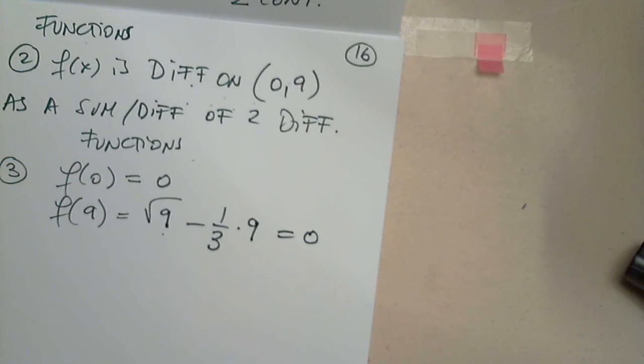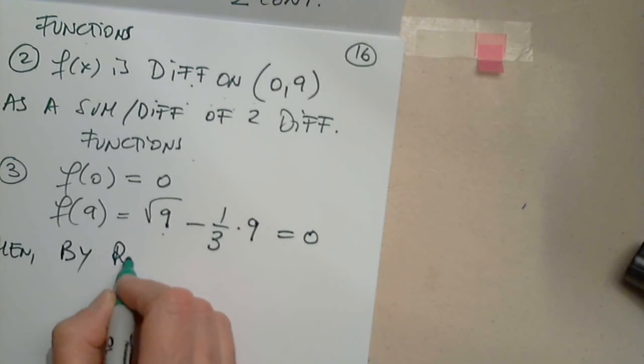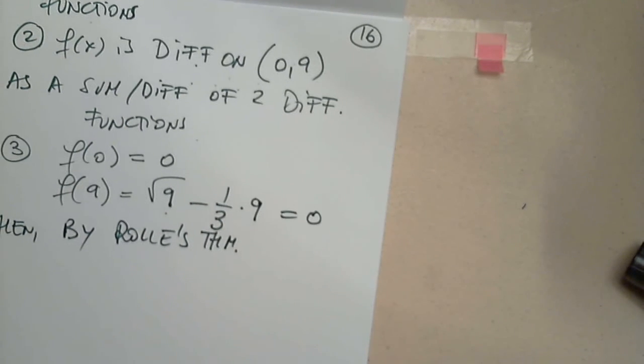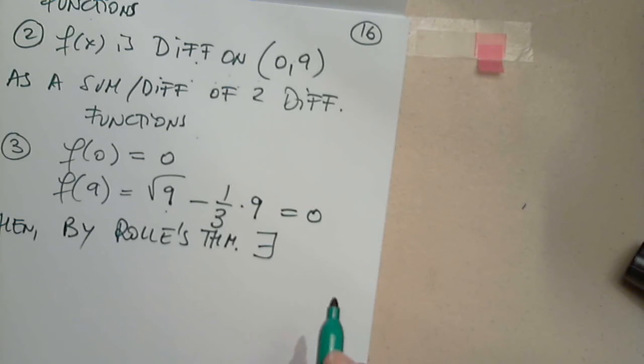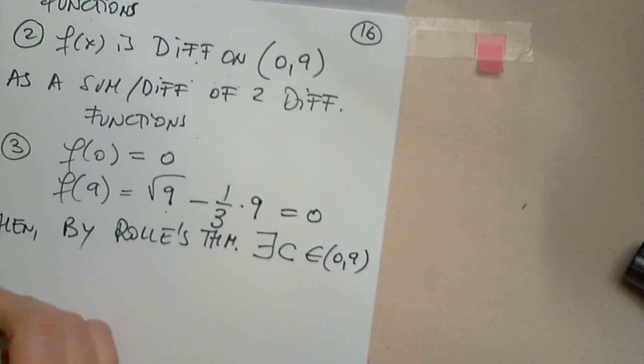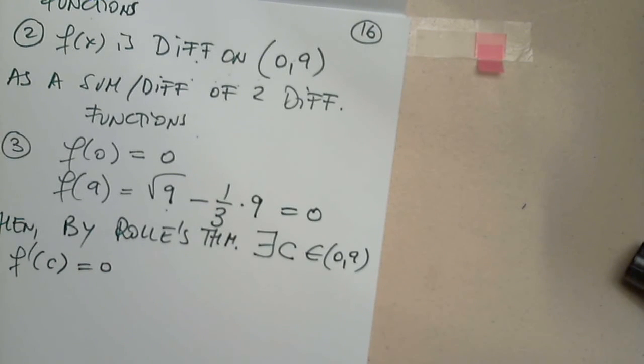Since all three conditions are fulfilled, I will say, then, by Rolle's theorem, there exists at least one c in the open interval 0, 9, such that f prime of c is 0.